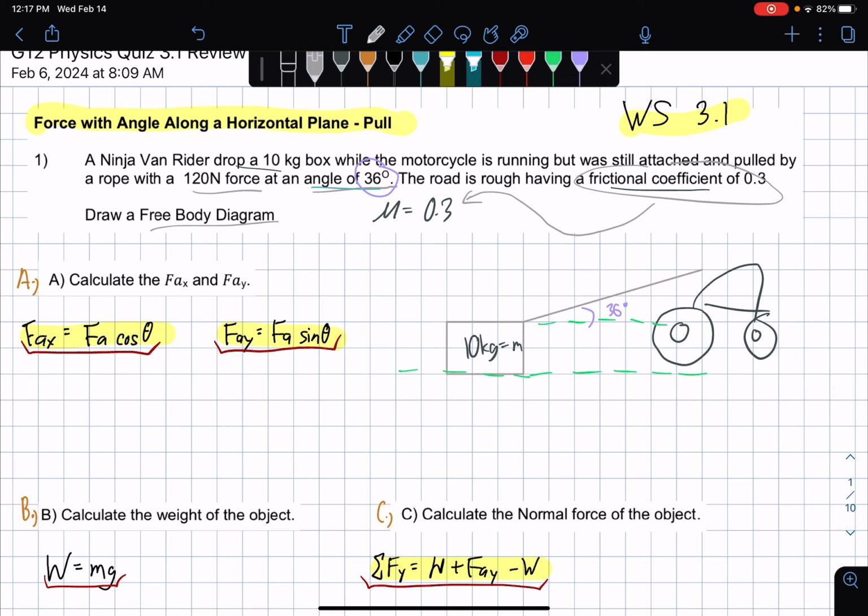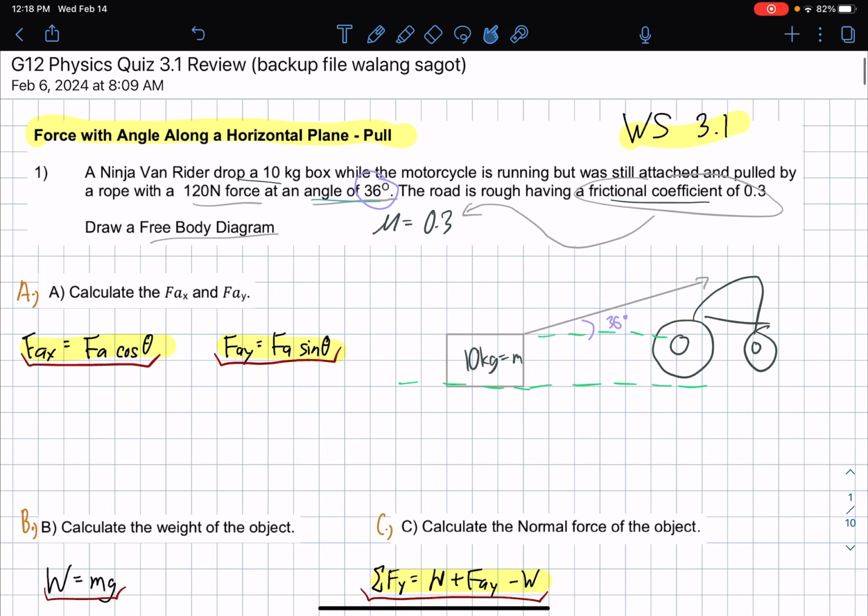Okay, so from there, of course, we write the frictional coefficient. That will be important for later. These two formulas will also be important. For part A, we have to calculate the values of FAX and FAY. How? Utilizing these two formulas.